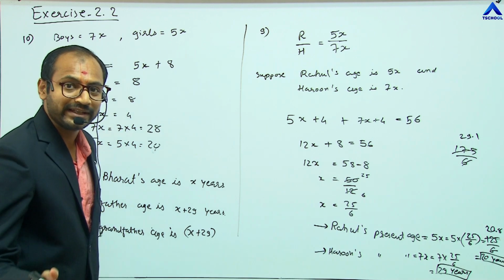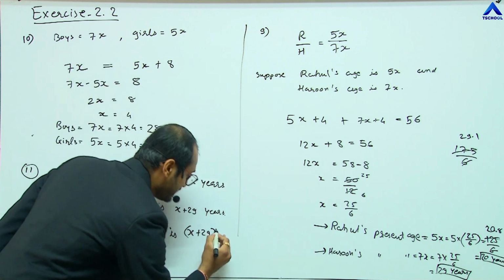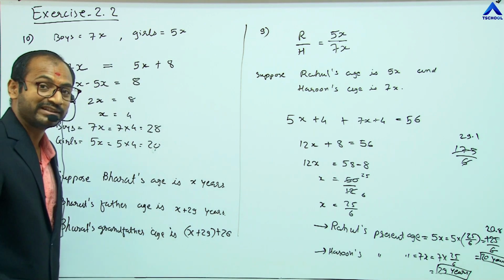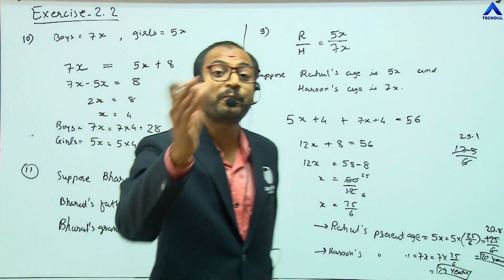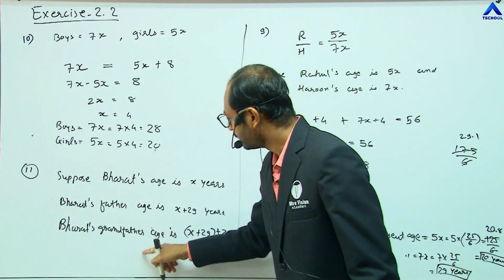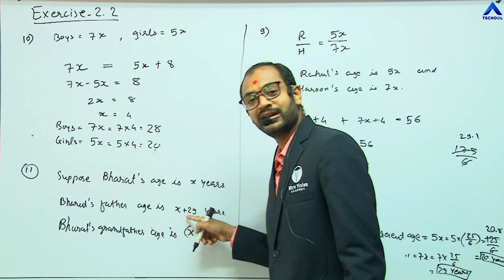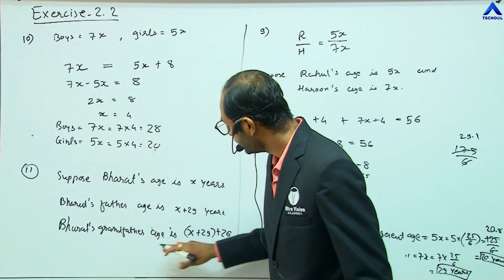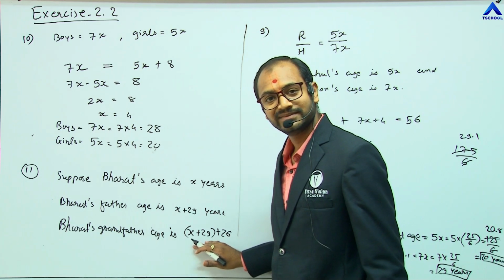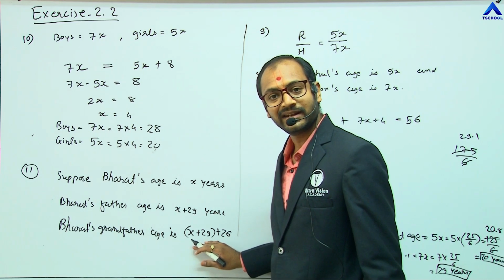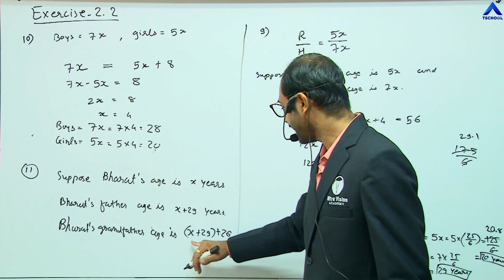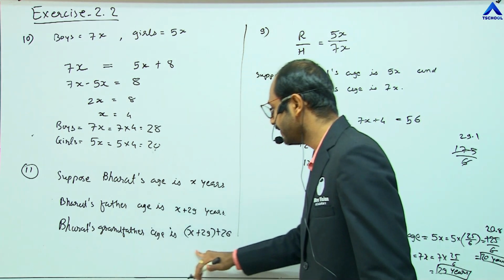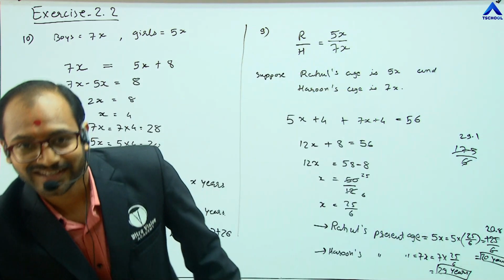Bharat's grandfather is 26 years older than Bharat's father. Clear? So x plus 29 plus 26 is Bharat's grandfather's age.